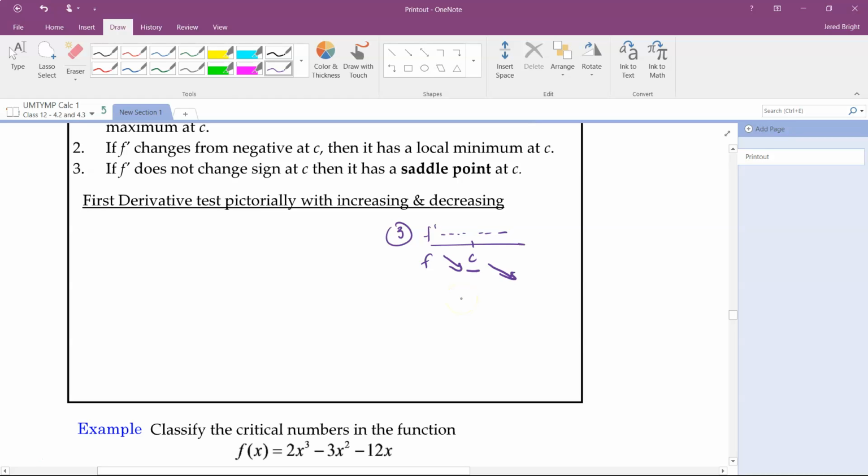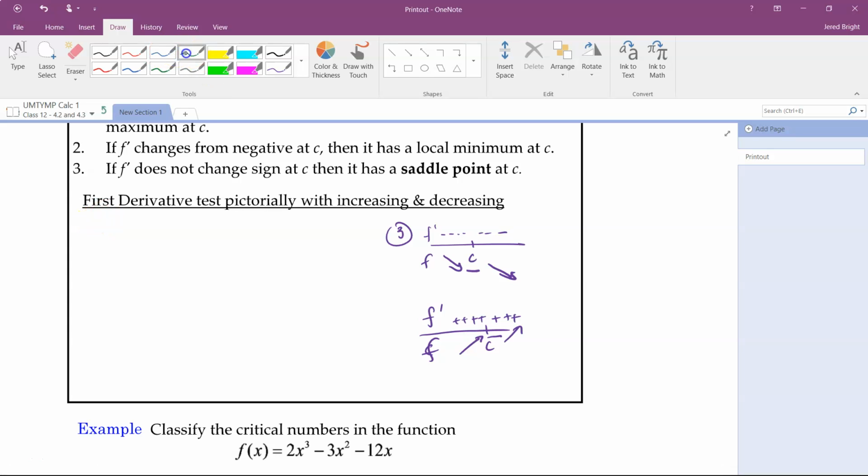Okay, so you can see that behavior, or you could also have a sign chart where you have positive, positive, positive, and so you have increasing, stop, and then increasing again. Okay, so just be aware of that third case.